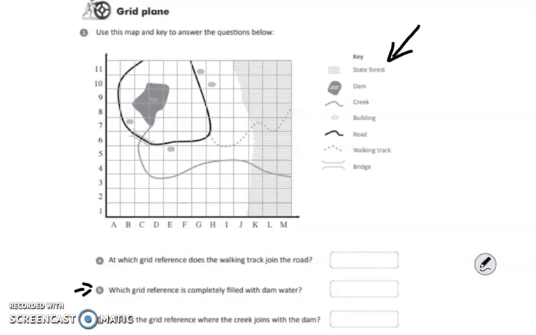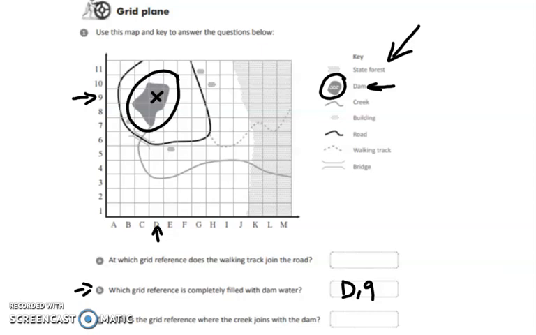We know that the dam water looks like this symbol here, and so we're looking in this area. Only one of these squares is completely filled with dam water, and that would be this one right here. So we're going to see that our x-coordinate is D, and our y-coordinate is 9. So the one completely filled with dam water is D9. And then you'll use the same sort of policy to answer all the rest of them.